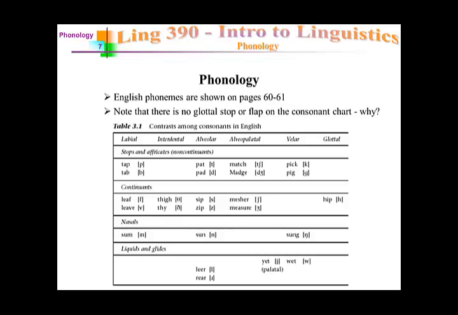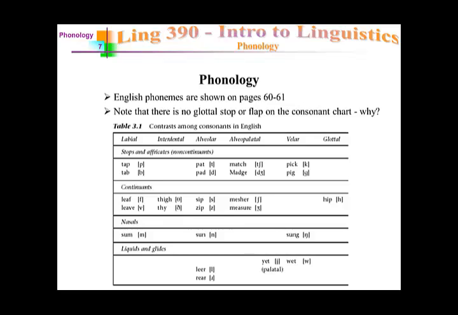There are two sounds missing from this chart compared with the chart that I used in class, the glottal stop and the tap or flap. Jeff asks why these sounds are not on the chart. It's a good question, and the answer is that this chart is supposed to show only those sounds that are separate phonemes in English. There are no examples of minimal pairs that involve the glottal stop or the tap in English.